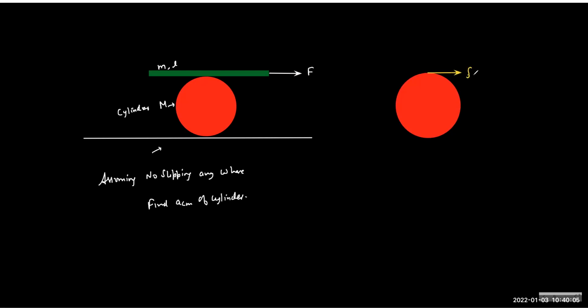This is F1. And therefore the plank will experience two forces: one to the right due to the applied force, another to the left due to the friction, by Newton's third law.